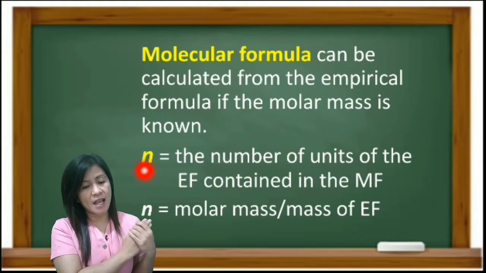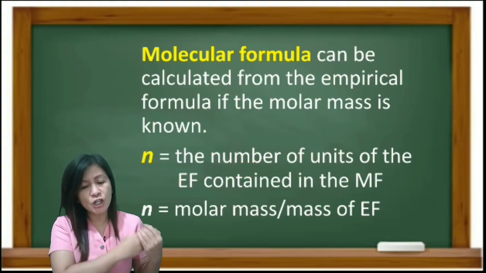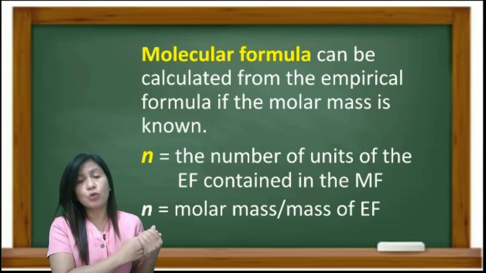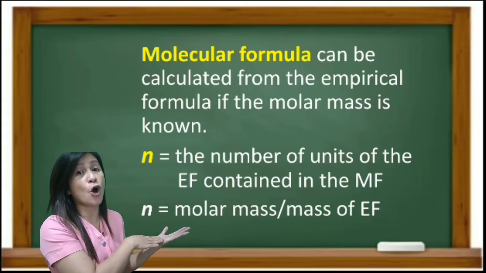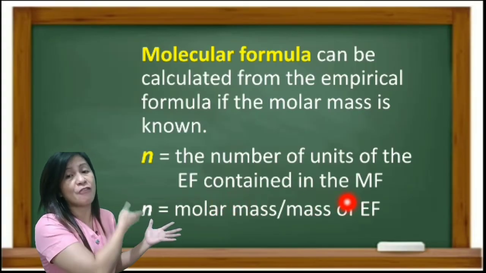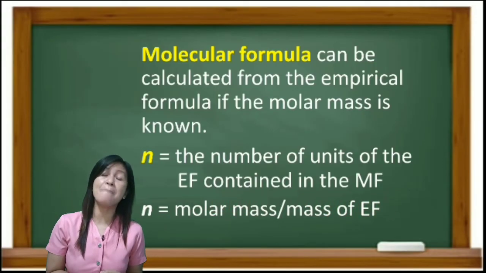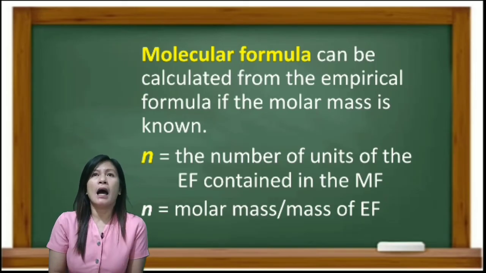What is n? n is the number of units of the empirical formula present or contained in the molecular formula. To determine the value of n, we divide the given molar mass of the compound by the mass corresponding to the empirical formula. So before you can get the molecular formula, you have to first get the empirical formula of the compound. If it's not given, sometimes in problems, the empirical formula is already given.